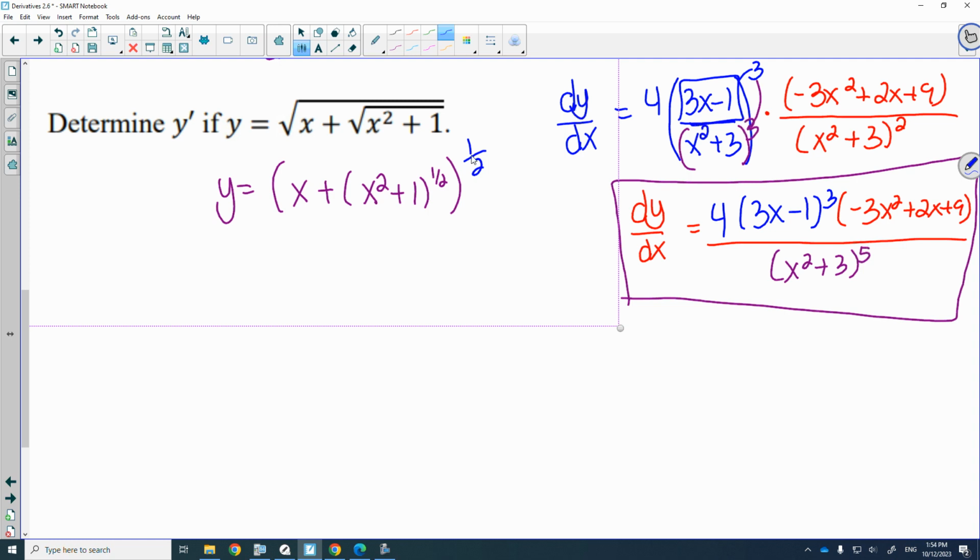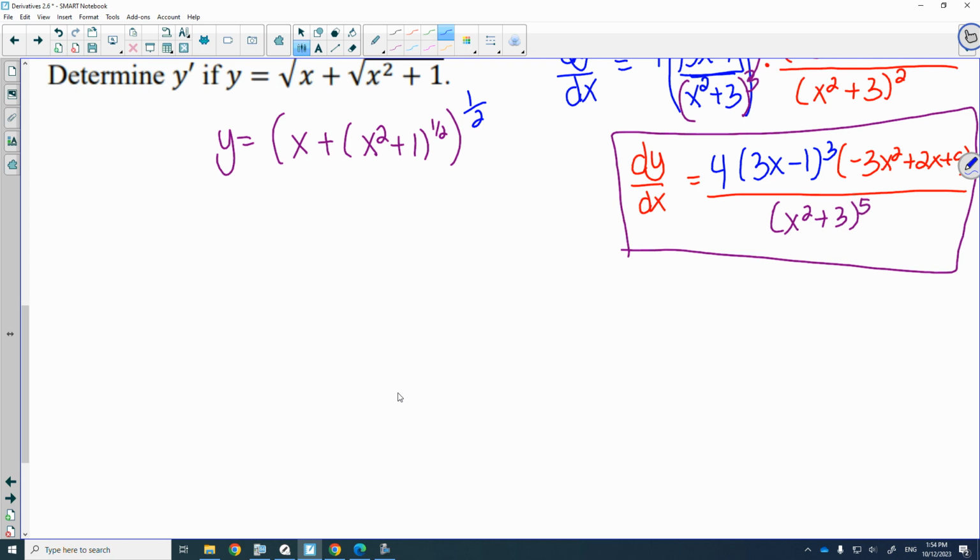I could bring this 1/2 in front, keep the inside function to the power of negative 1/2, then take the derivative of the inside, but that has another chain rule happening. Or I could simplify this by doing u substitution. So I'm going to let this inner function be equal to u. So let u equal x plus x squared plus 1 to the 1/2.